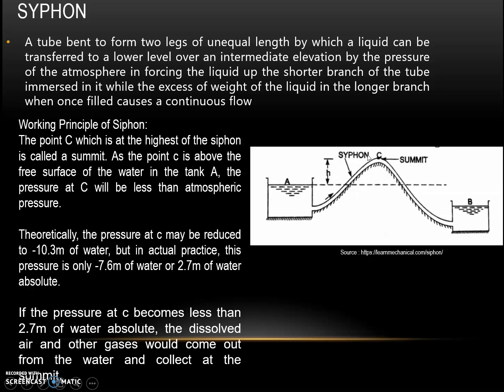The pressure at C is reduced to minus 10.3 meter of water, but in actual practice, this pressure is only minus 7.6 meter of water or 2.7 meter of water absolute. If the pressure at C becomes less than 2.7 meter of water absolute, the dissolved air and other gases would come out from the water and collect at the summit.